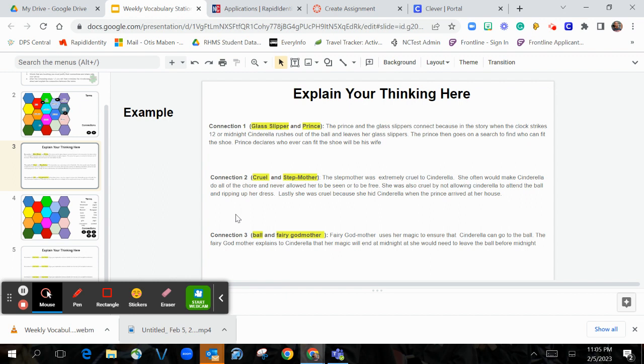Again, using 2 to 3 sentences, you want to use details from the text to explain the connections in the story. Once you've done your 3 connections, you would then submit these into Canvas as completed, and this will be your grade. You will submit this connection sheet into your Canvas as a grade.